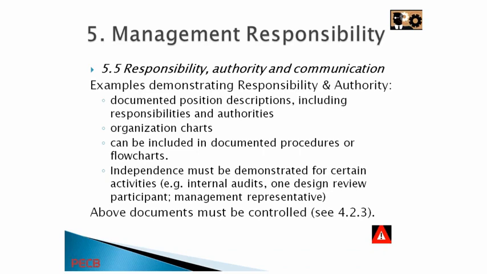Independence must be demonstrated for certain activities like internal audit, design review, and the management representative. The above documents must be controlled. So the organization has to set the responsibilities and authorities, and these should be communicated and must be documented because it is the requirement of 4.2.3 that every document should be controlled.